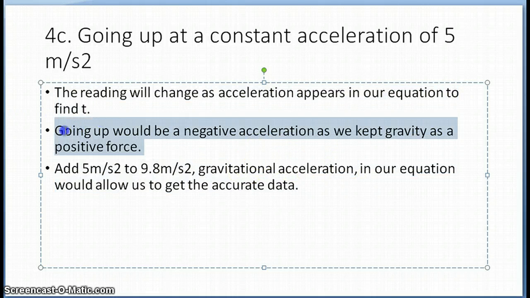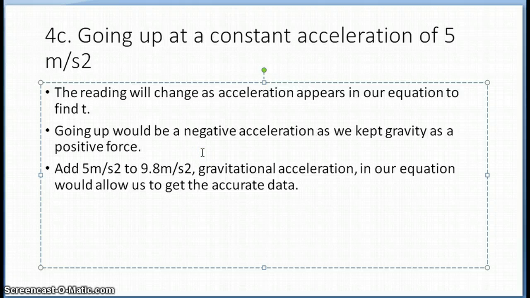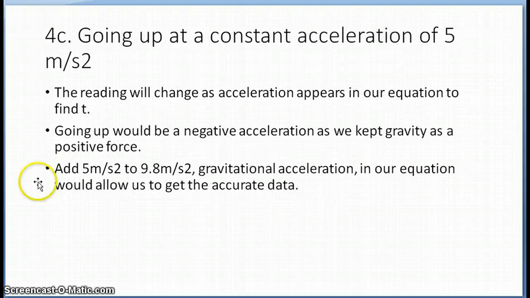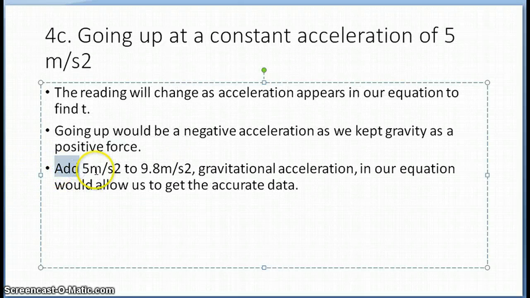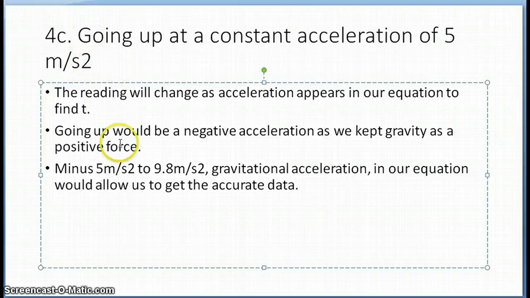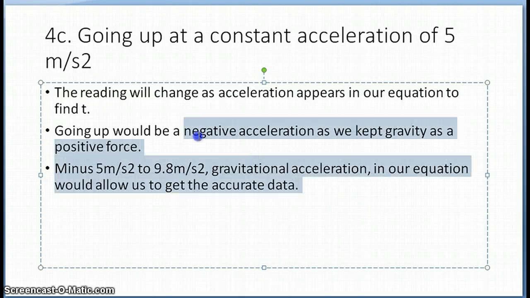So like in a, because the elevator is going up, the value of the acceleration should be negative. So if we type here, minus 5 meters per second squared to our 9.8 meters per second squared, which is the gravitational acceleration in our equation, then we would get the accurate data.